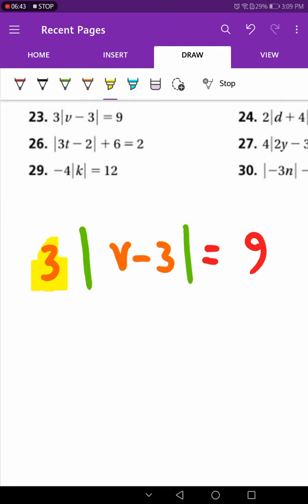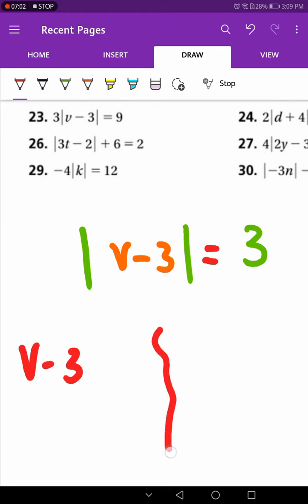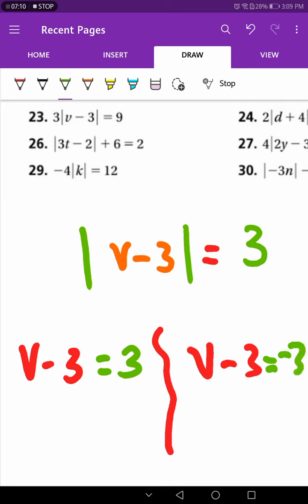You know how to eliminate it: divide by 3, divide by 3. So it is done here, and here will be 3. How do I break this? I copy it 2 times. One time take the same value, and the second time take the negative value.